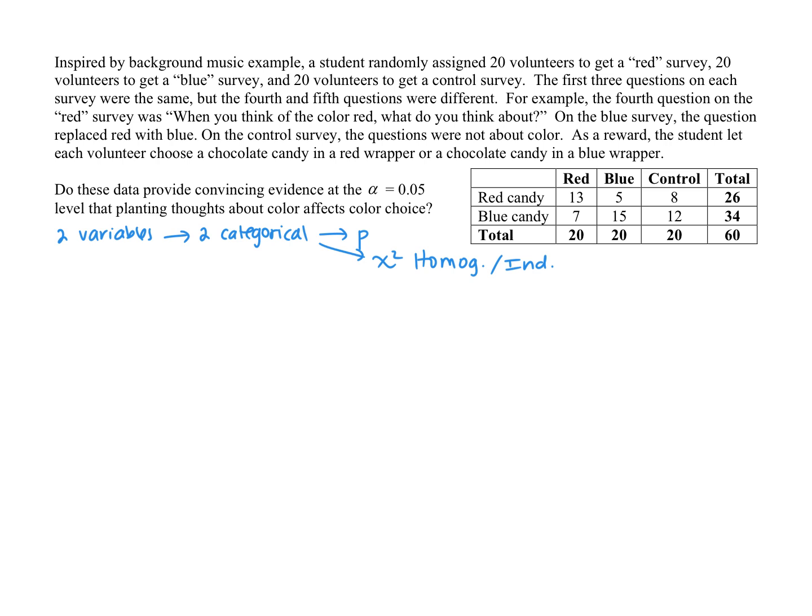The way you determine between the two is how the data was collected. So in this case, we have red survey compared to blue compared to control. So we have three separate samples or treatments. That's why it's a test for homogeneity. Three separate groups.